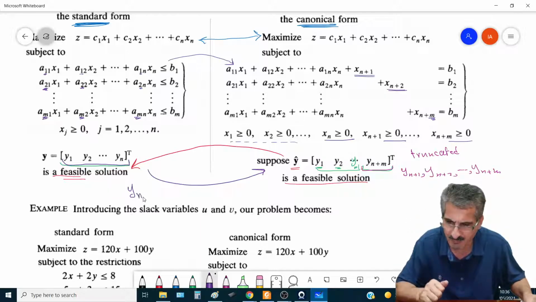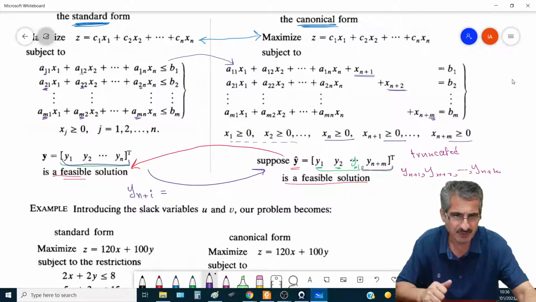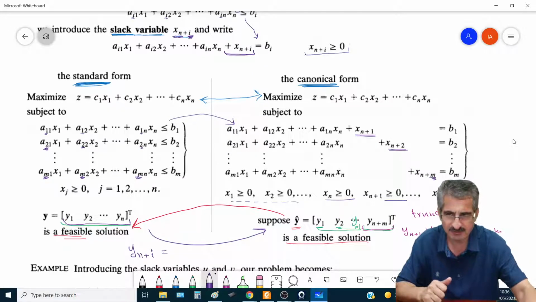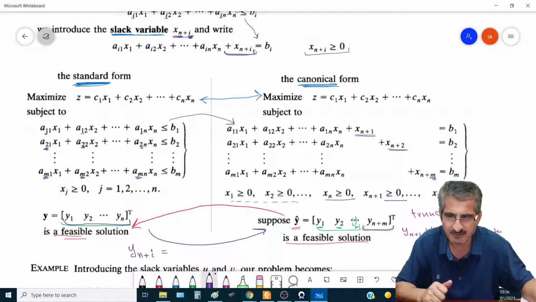For example, how do I get yn plus i? Simply go back here. Now, you see this variable here?